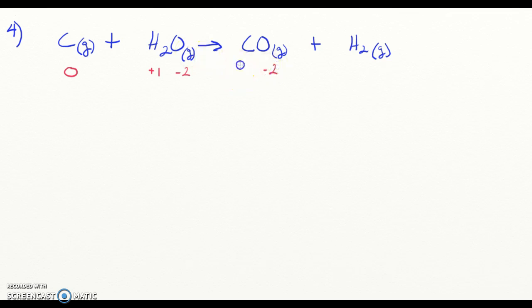That means that this carbon must be a +2. It has a 0. In order for these two to balance out, it must be a +2 and a -2. That's carbon monoxide. Going over here to hydrogen, it's a free element, so it has a 0 charge. I just follow those rules, and away we go. Usually oxygen dictates what's happening.